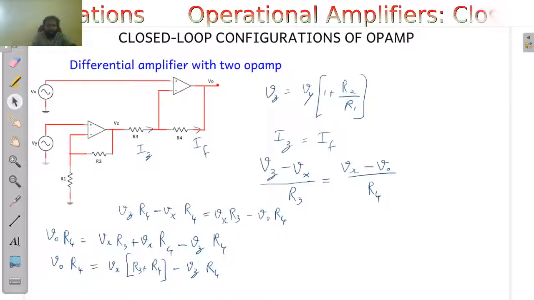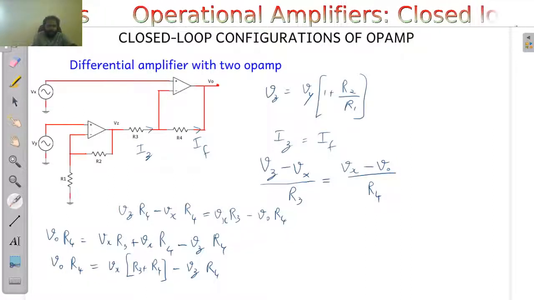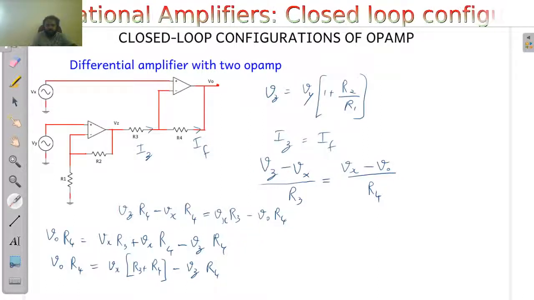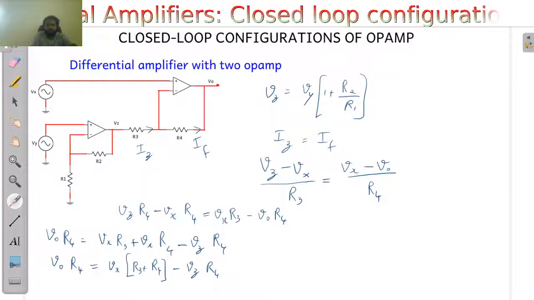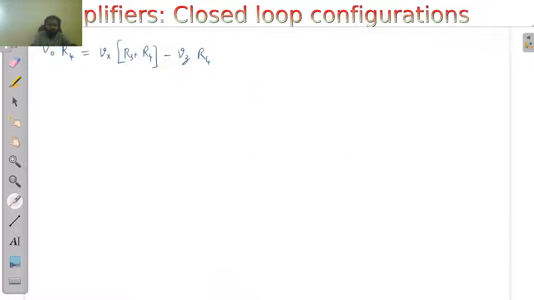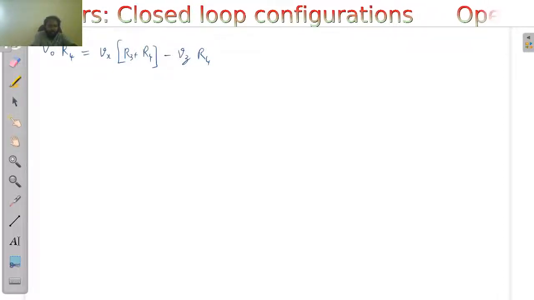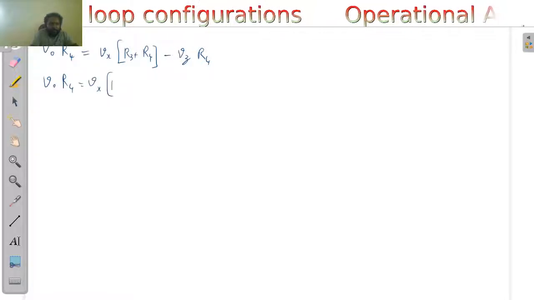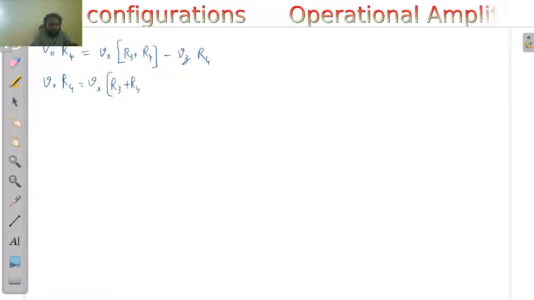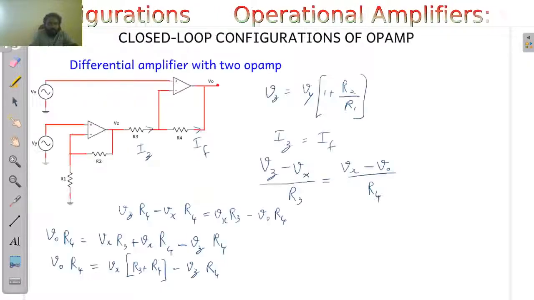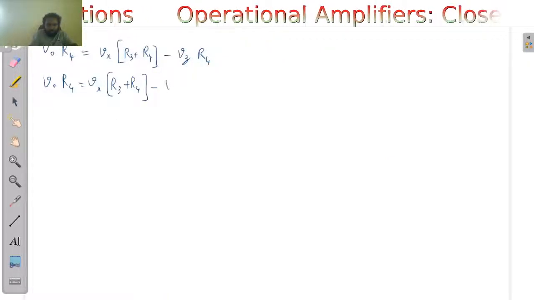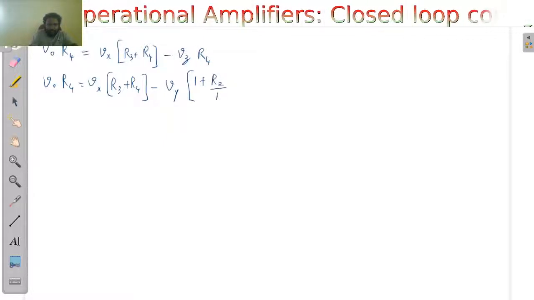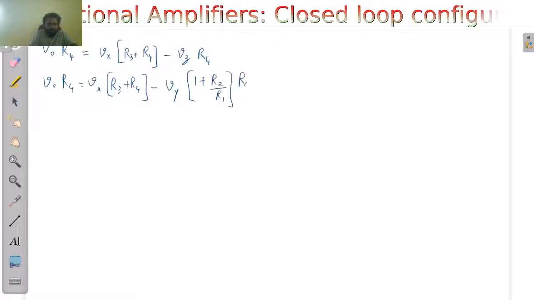Now we have to substitute the value of Vz from this equation into this, that is Vy times 1 plus R2 by R1. So Vo R4 equals Vx times R3 plus R4 minus Vy times 1 plus R2 by R1 times R4.